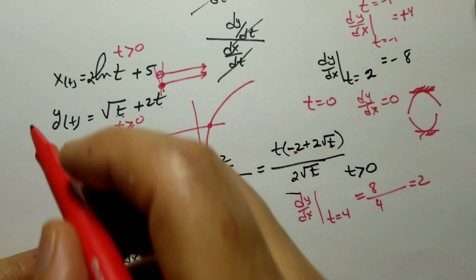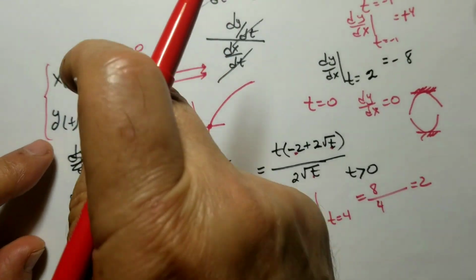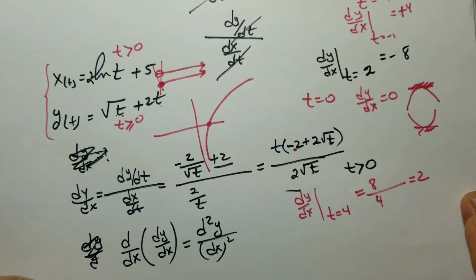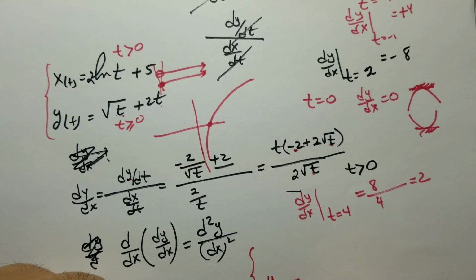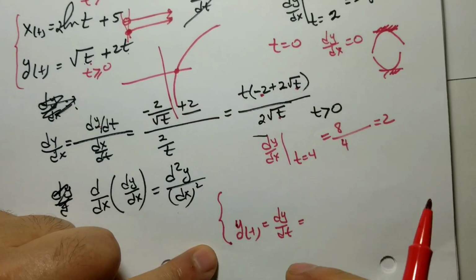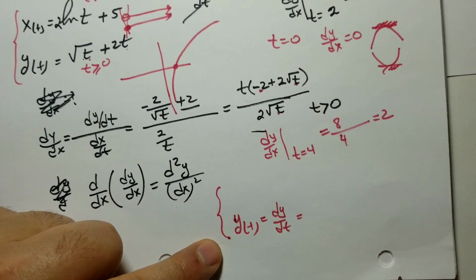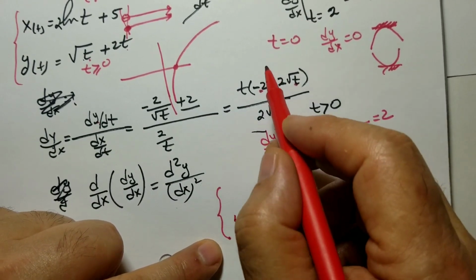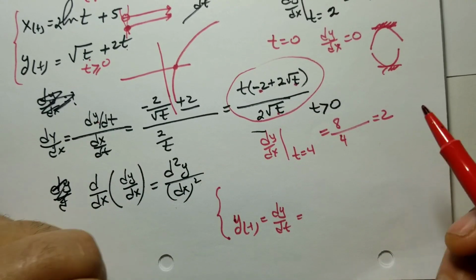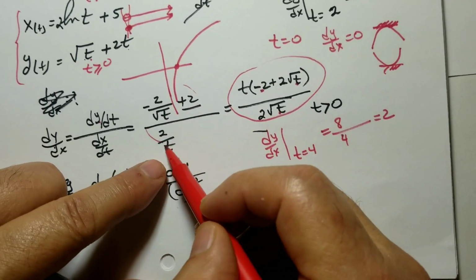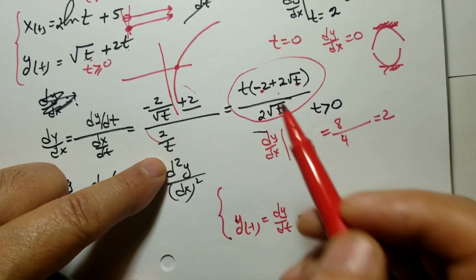Remember, when we take the first derivative, we selected this pair of equations. But when we're taking the second derivative, what sits in place of my y is your first derivative. Because you're going to take the second derivative, and the first derivative comes in place of y. And what is your second derivative? Your second derivative is here. But I'm going to put it right here because it's easier to differentiate that one than that one.